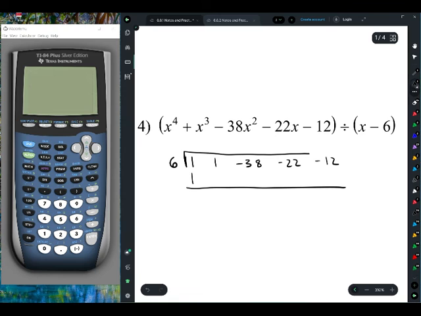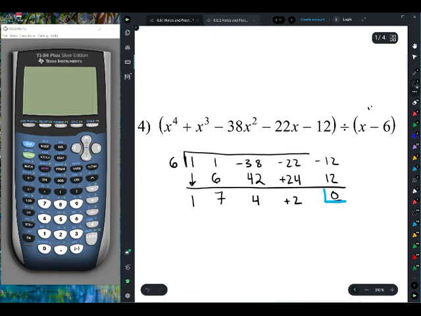The more you do these, the quicker you will get, and it makes division pretty nice. Be careful with the signs. A few times I mixed up the signs there, but I fixed it in the end.